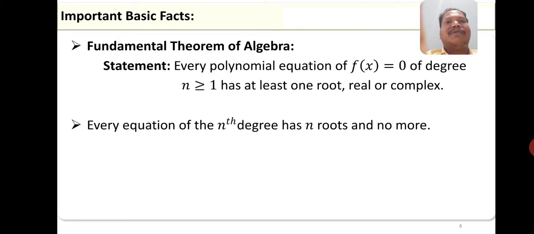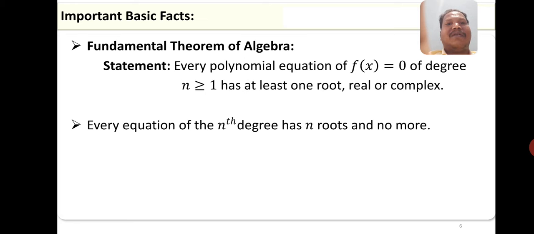Some important basic facts are: first one, fundamental theorem of algebra. Statement: every polynomial equation f(x) equals 0 of degree n greater than or equal to 1 has at least one root. It may be real or complex.